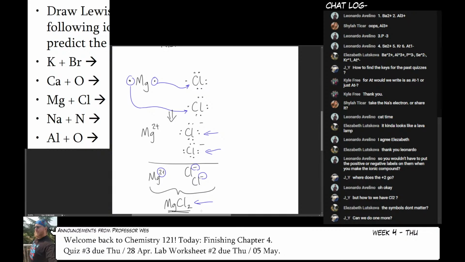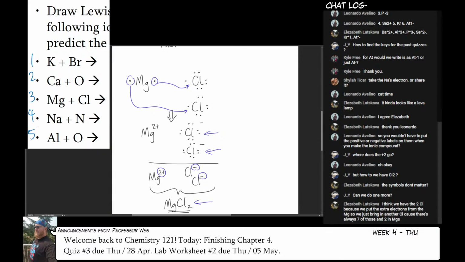So I want you to try those. Draw out the Lewis symbol, move the electrons around until everything has an octet, and then write the formula based on what you got. And then type the formula into the chat here. I'll go back and number these. So we already did number 1. So do number 2, 4, and 5.